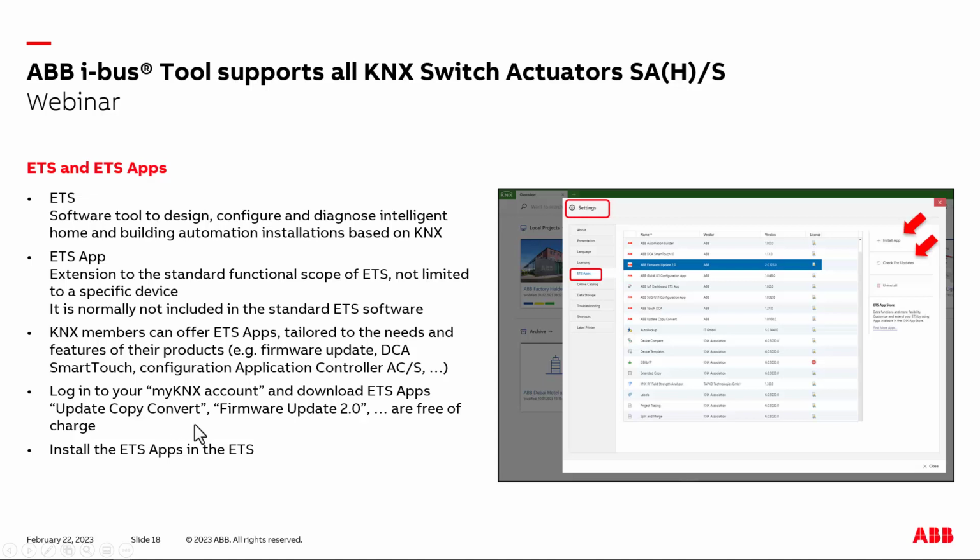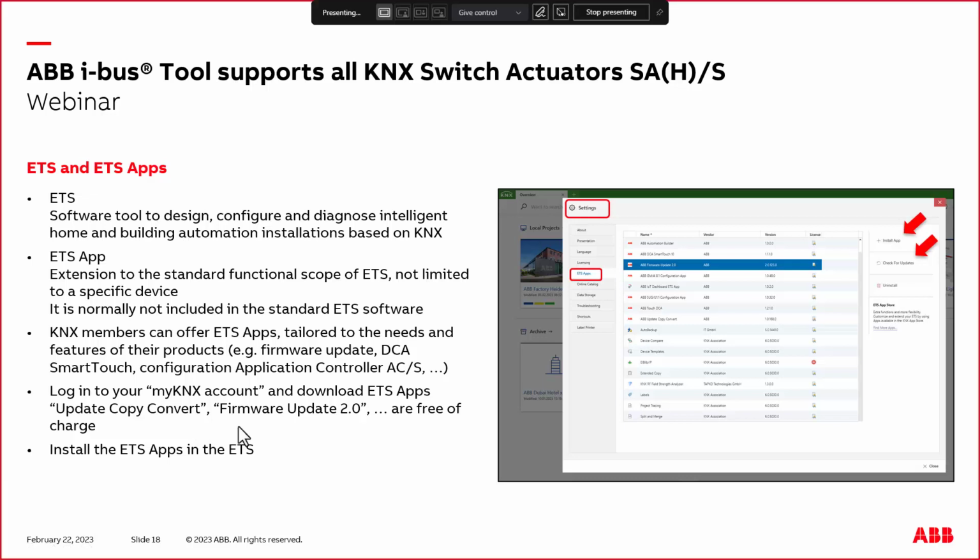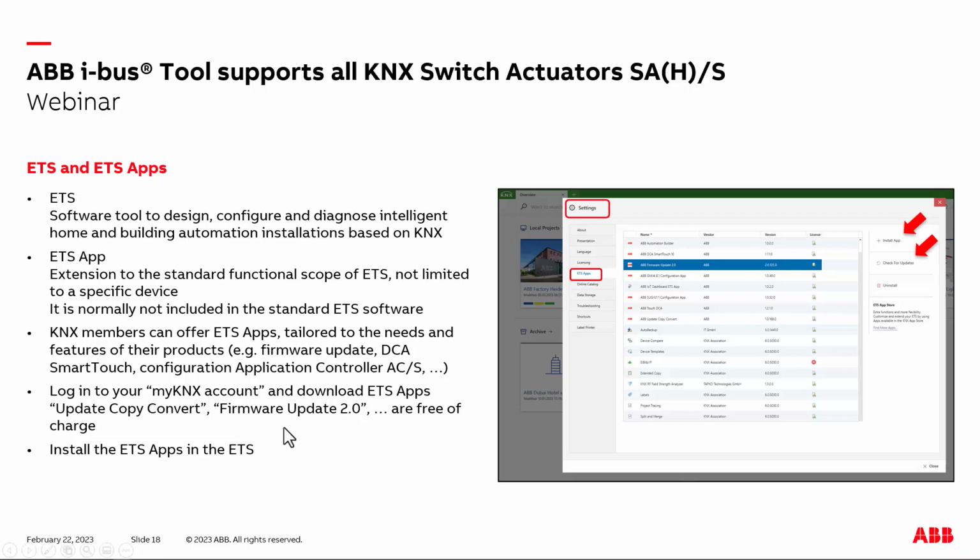At the beginning you have to place an order. This is a little bit strange, but you have to pay nothing. So at the end you will see, when you come to the menu to pay, then you will see 00. These apps cost nothing. So then you can download the apps from your account and install the apps in the ETS 5, or for example here you see on the right side a screenshot of the ETS 6.